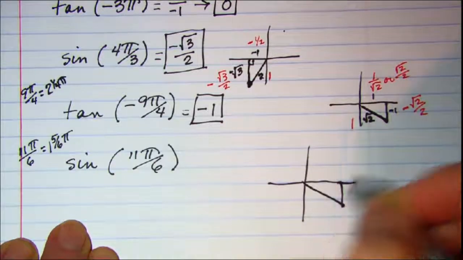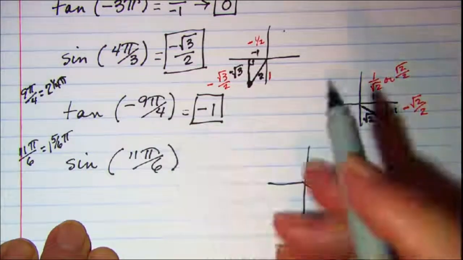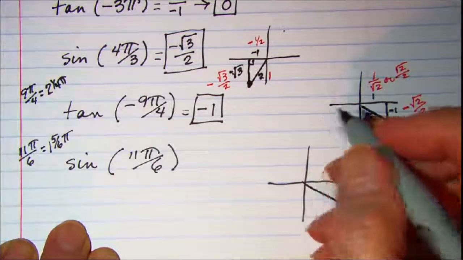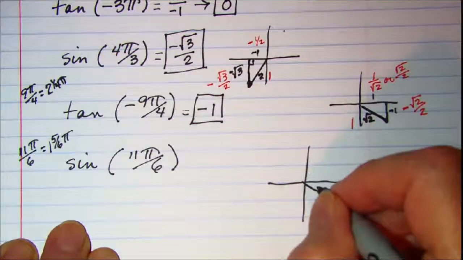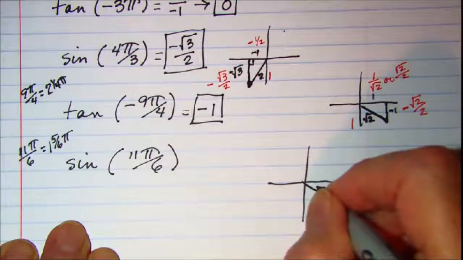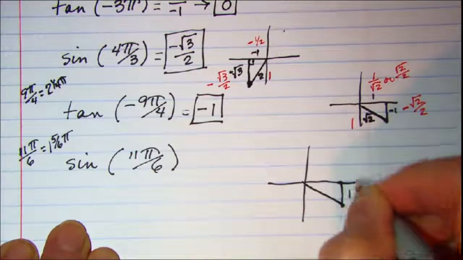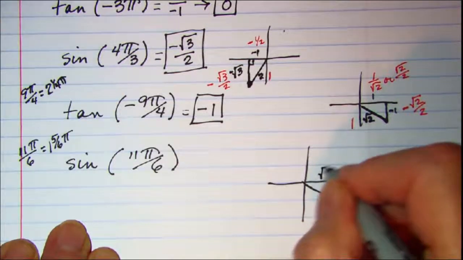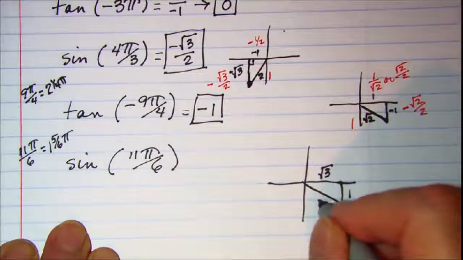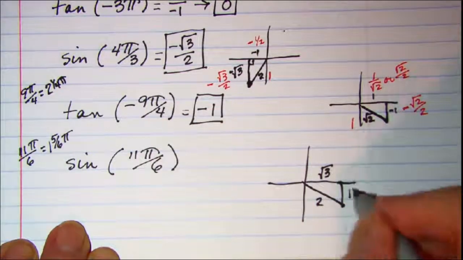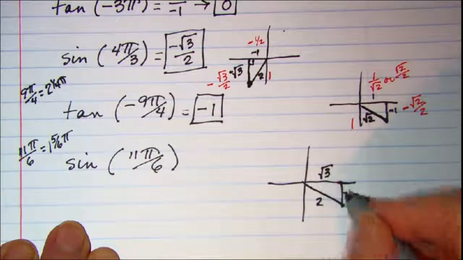I know that when the denominator is 6, that's a 30-degree reference angle. So this would be a 30, so the side opposite that would be a 1, and then adjacent is root 3, and then hypotenuse is 2. And this one's going down, so that's a negative.